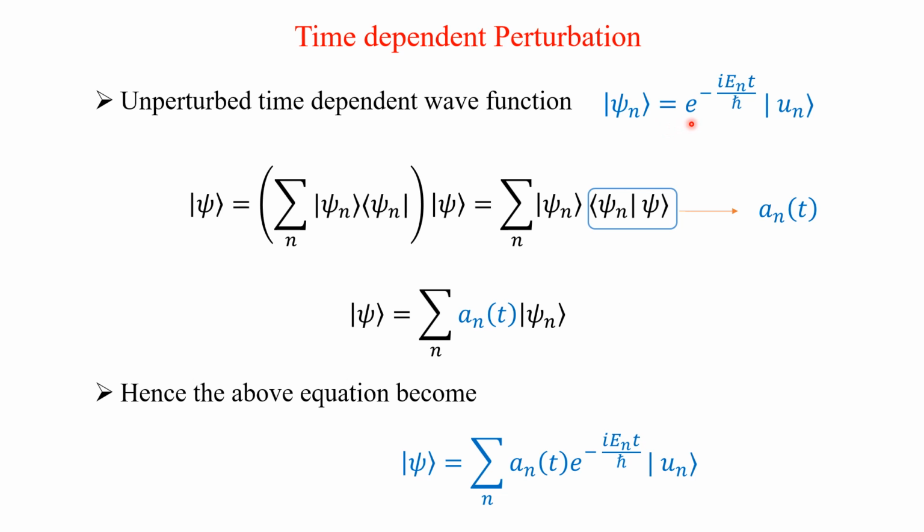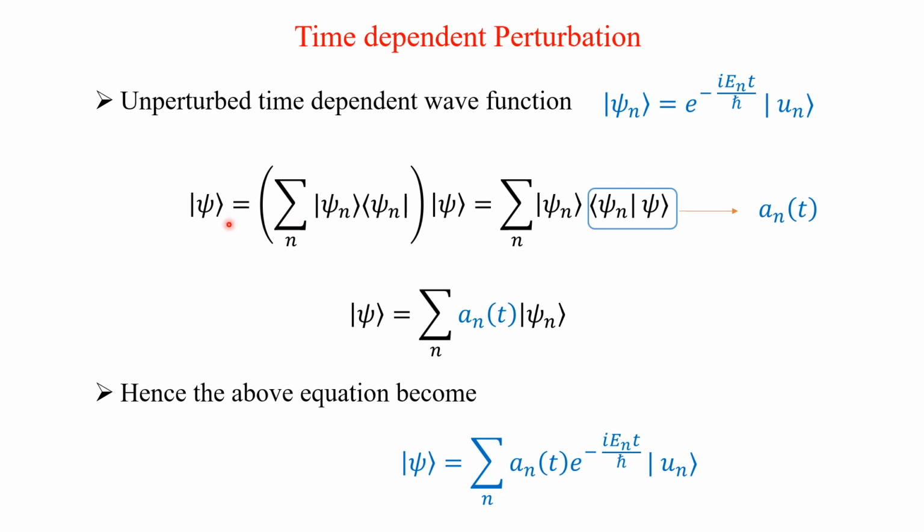Here, the time-dependent factor comes in the exponential term. This u_n is time independent. That is, it depends only on the spatial coordinate. So we have adopted the variable separable technique.